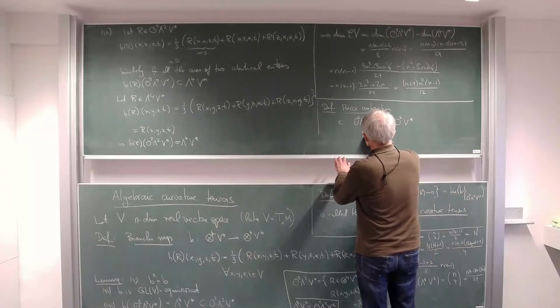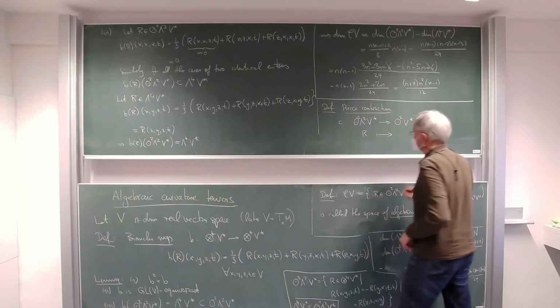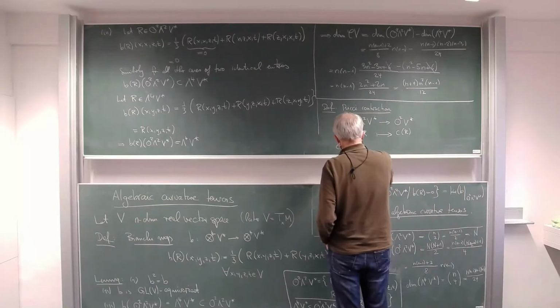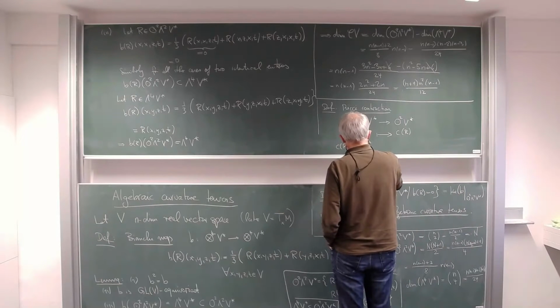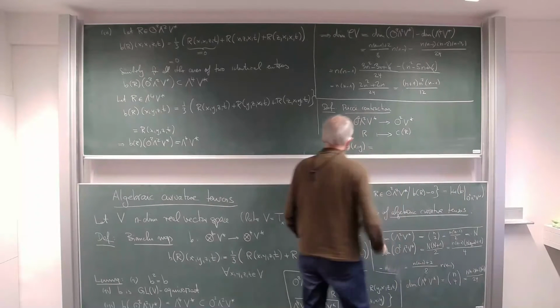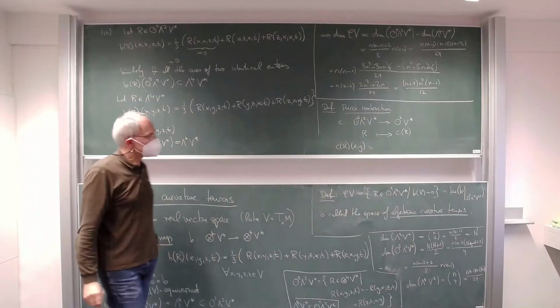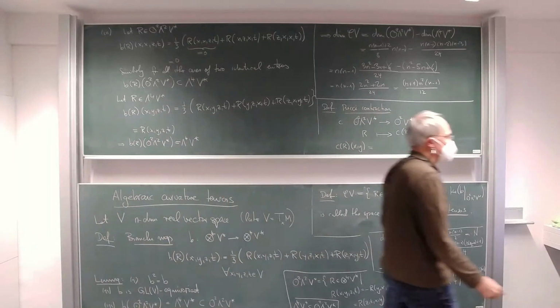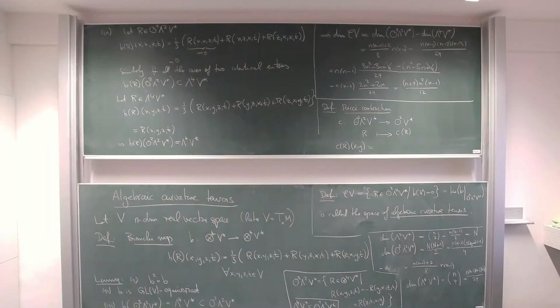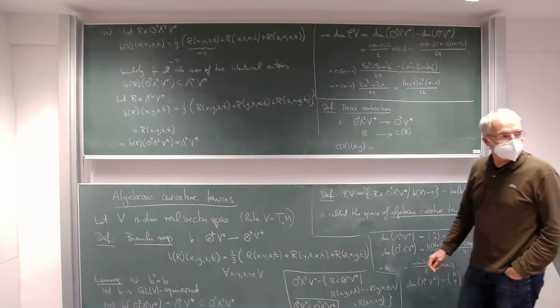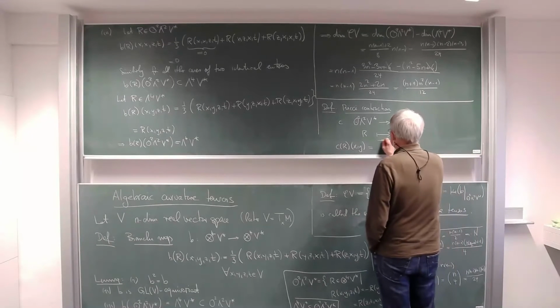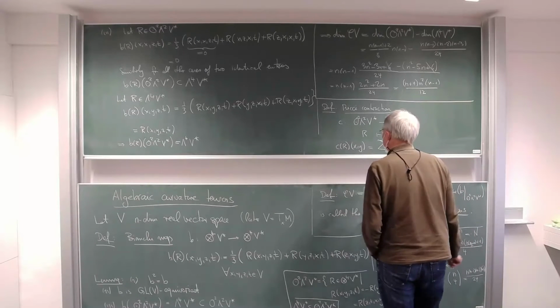And so R is being mapped to C of R, where C of R applied to two vectors should now give me a symmetric bilinear form. And it's defined the way you know, as the Ricci curvature is defined by tracing 2 of the 4 slots in the curvature tensor, contracting them with the metric. So that is the sum.